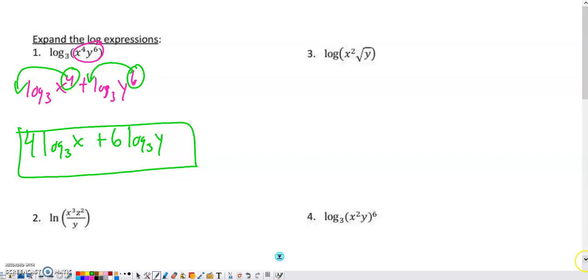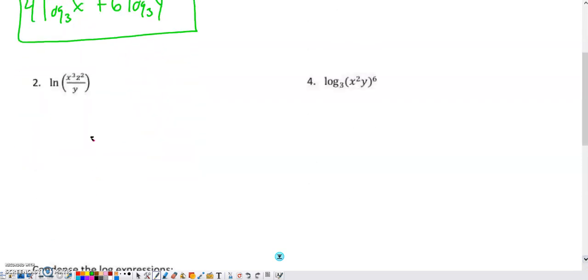So next thing is natural log. Natural log, same thing, guys, you need to use those properties. The properties still apply, even with natural logs. The first thing you want to do is identify, do you have any quotients? This time we do have a quotient. We have x to the 3rd z squared all divided by y.